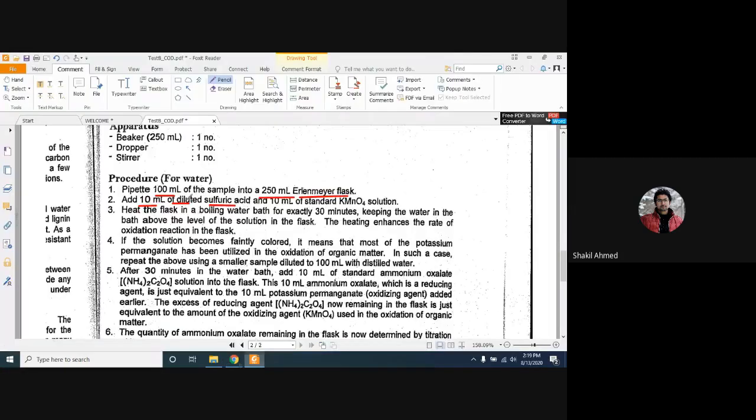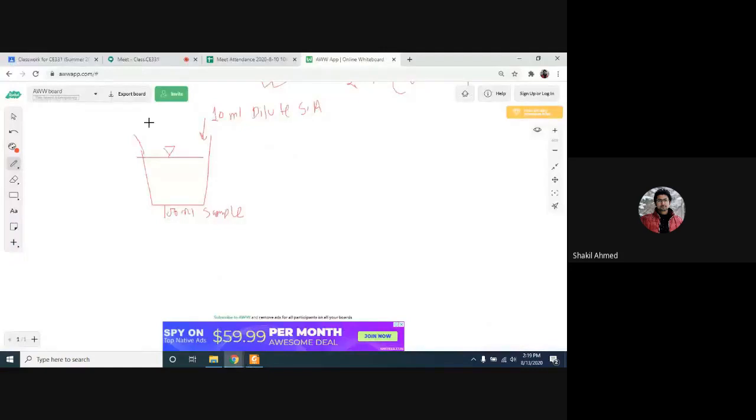And add 10 ml of standard potassium permanganate solution, 10 ml KMnO4.